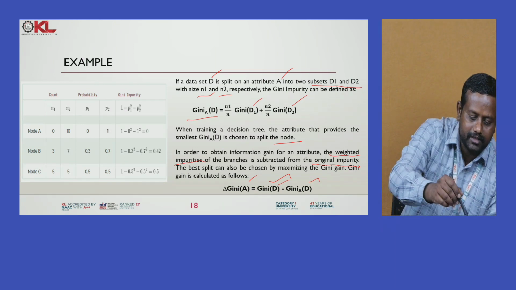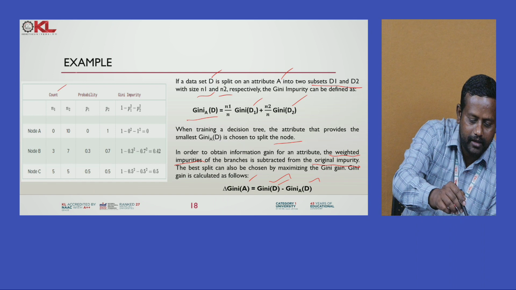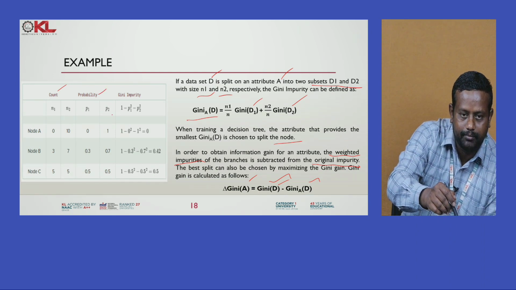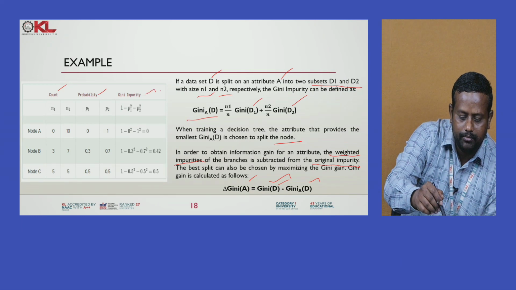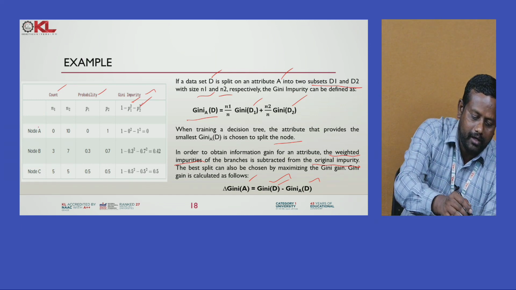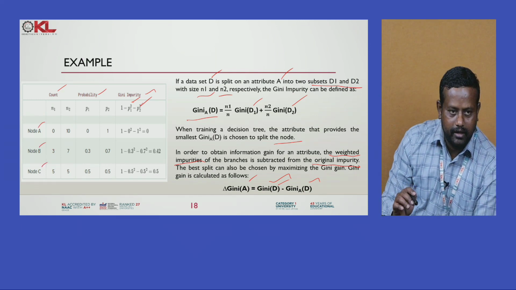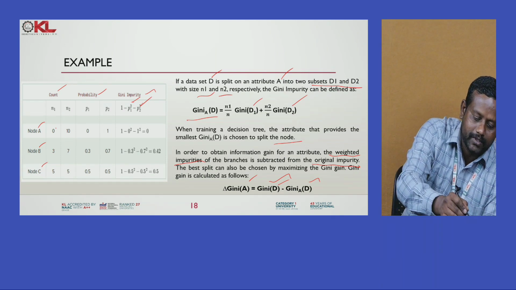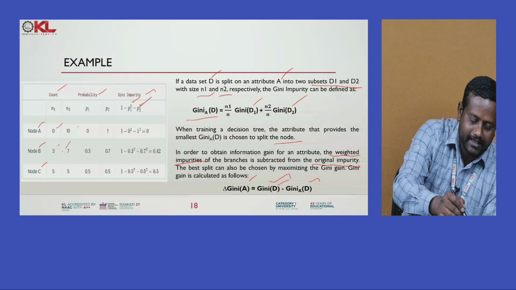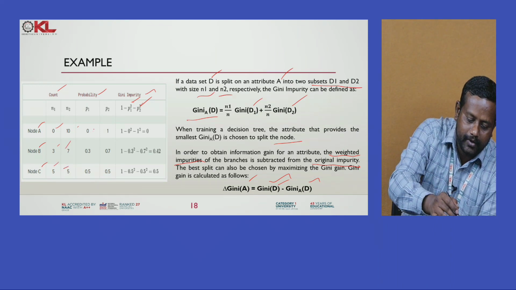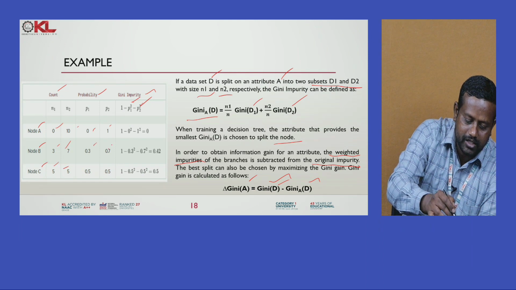For example, in this particular table the data count is split into N1 and N2, and its corresponding probabilities are P1 and P2. So, the Gini impurity which we are going to find is 1 minus P1 squared minus P2 squared. Node 1, node 2 and node 3 are different nodes here, with corresponding values 0 and 10, 3 and 7, and 5 and 5.